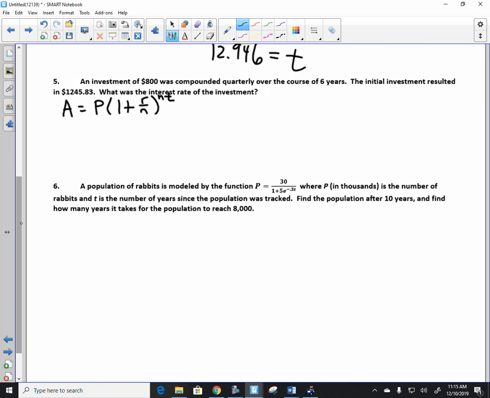What is my amount? $1,245.83. Very good. Caitlin, what's my principal? 800 times 1 plus, what is r? Don't know. We call it r. Divided by how many, what is n? 4 times raised to the 4 times 6 years, which is 24th power.